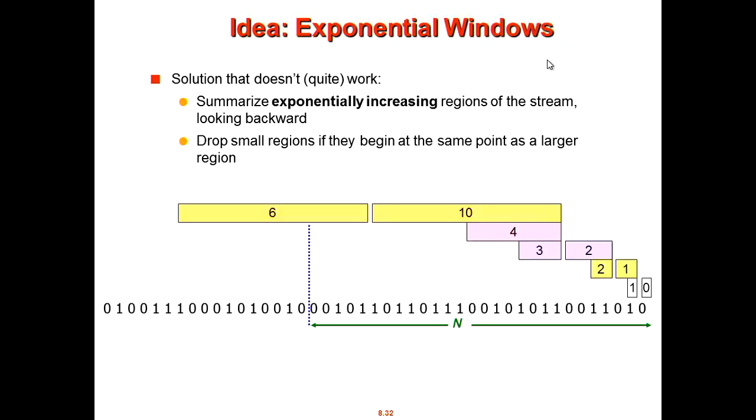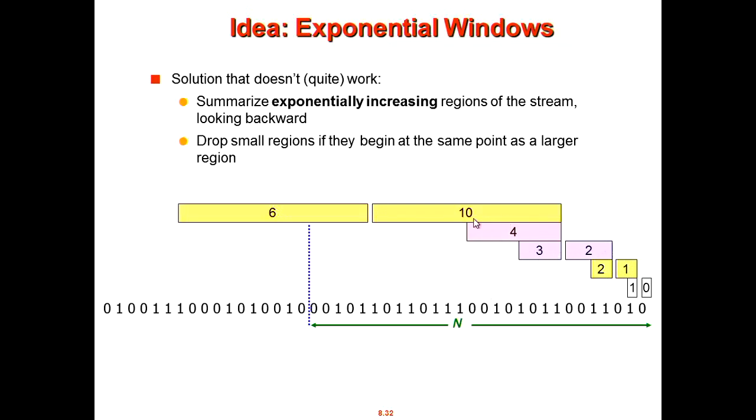What you do is to use these regions, and the size of the regions increases exponentially. For example, there is a 1-bit region, 2-bit regions, 4-bit regions, 8-bit regions, and 16-bit regions. Within each region, we count the number of ones. For example, here it's 0 ones, 1, 1. In this region, only 1. In this region, 2. This region, 2. This region has 3 ones. This region has 4 ones.